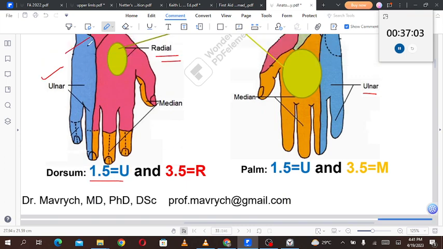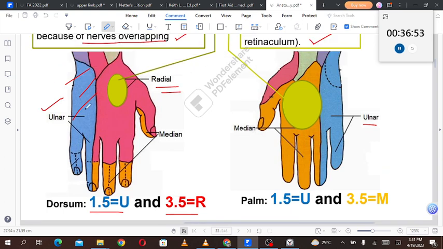Dorsal 1/5 is supplied by the ulnar nerve, and 3/5 is supplied by the radial nerve, and palmar 1/5 is supplied by the ulnar nerve, and 3/5 is supplied by the median nerve. So remember it like that.